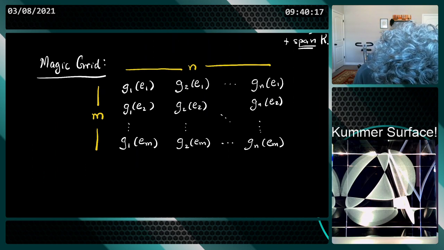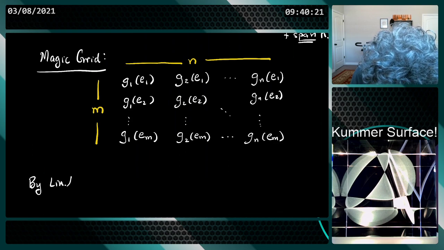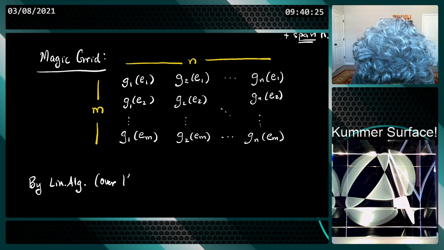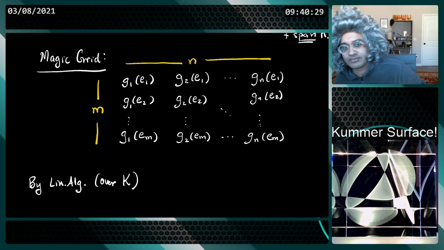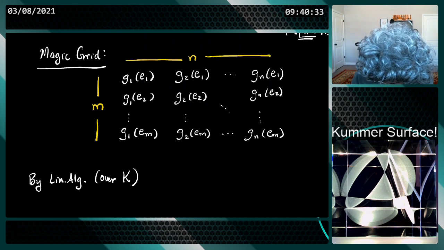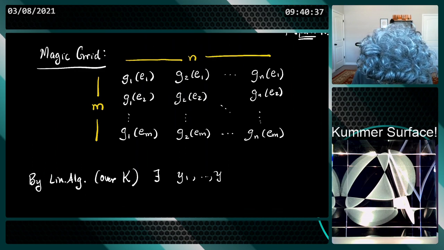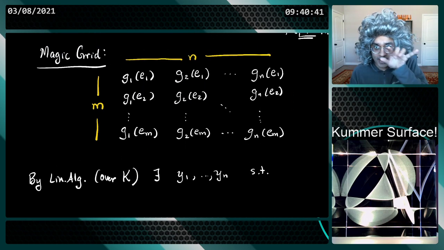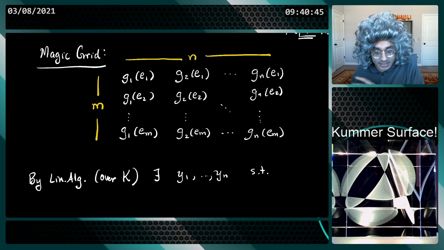Okay? So then, by linear algebra done over the field K, because this matrix has entries in K, there exist numbers y1 up to yn such that when you hit this matrix by the column vector y1 to yn, you get 0.